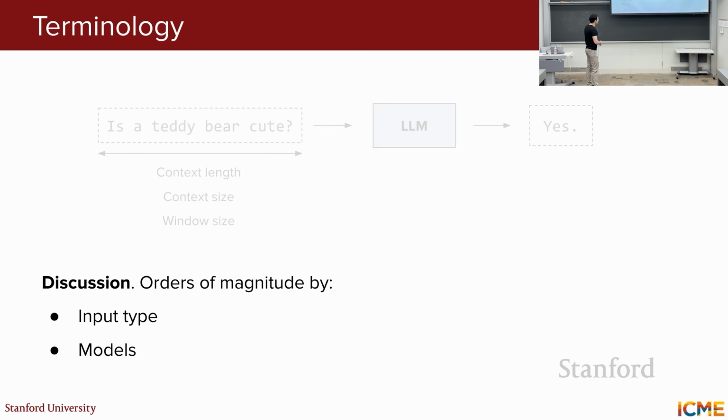Okay. So now I want to take some time to discuss what can be some orders of magnitude here. Modern day LLMs tend to be in the order of magnitude of tens of thousands, hundreds of thousands, or millions of input tokens. So this is the kind of input it can take.